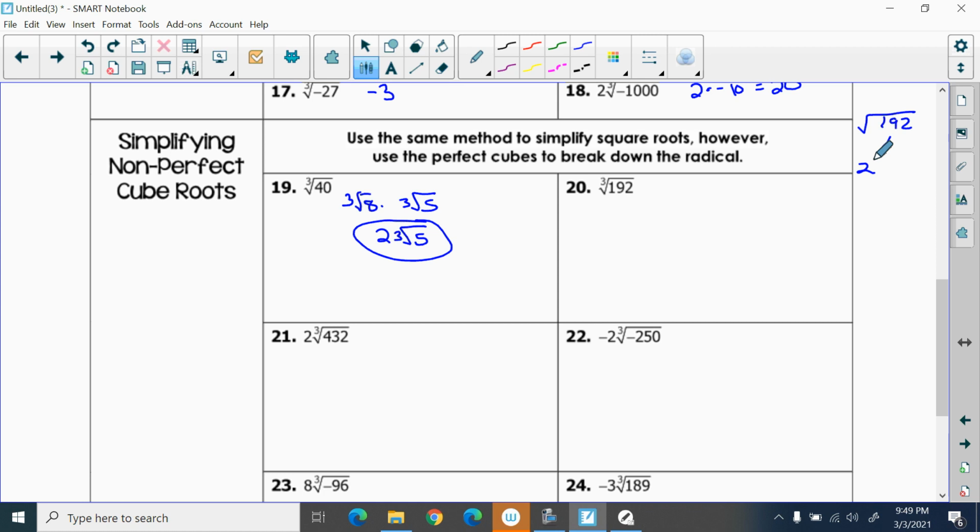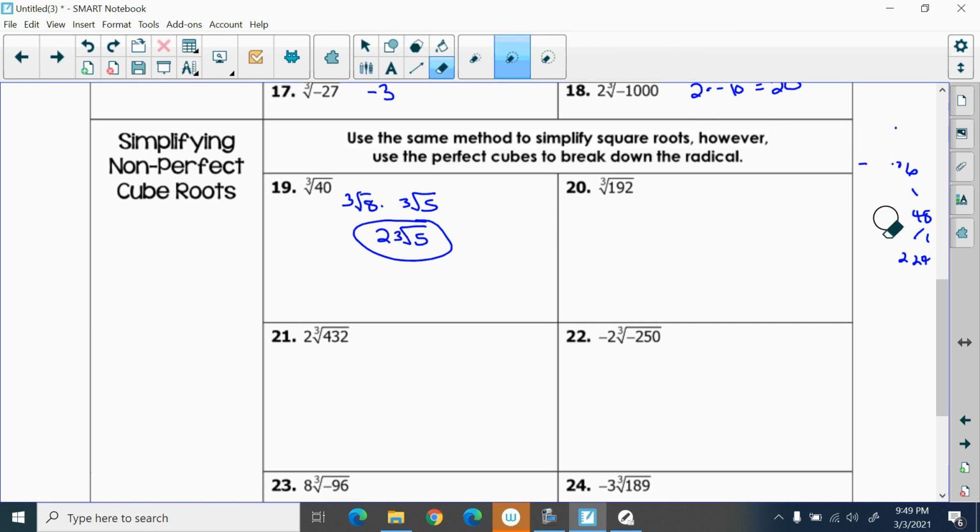192 divided by 2 is 96, so 2 times 96. And then I'm going to divide it by 2 again. It's 2 times 48. And 2 times 24.